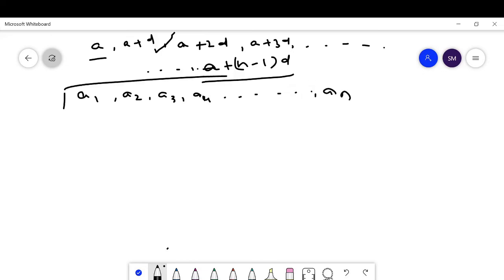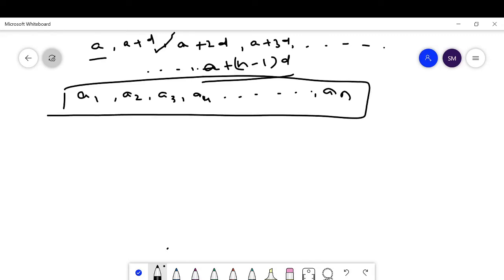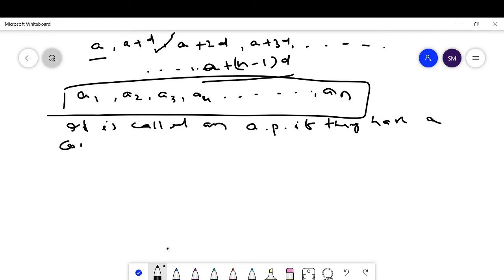A sequence An is called an arithmetic progression or AP if they have a common difference between two consecutive numbers.